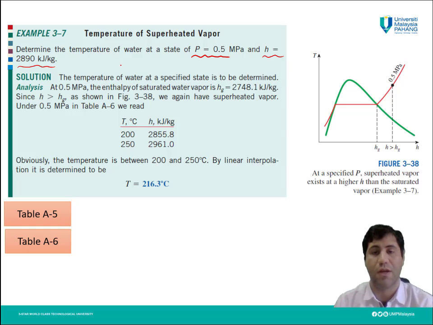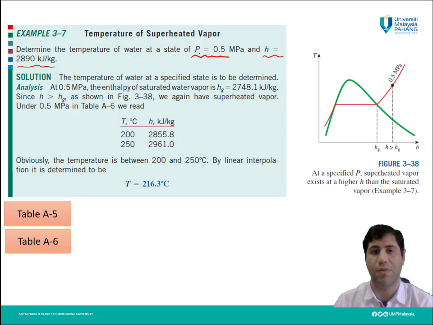per kilogram. So what we should do, according to what I told you in previous slides, is check first of all what is the region or state for water at this pressure and with this enthalpy.